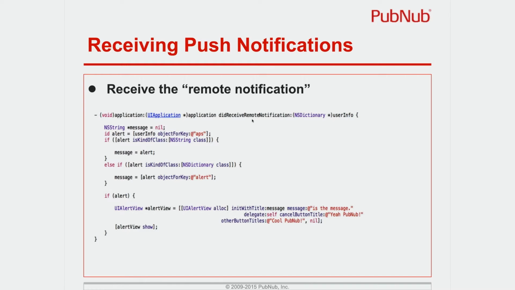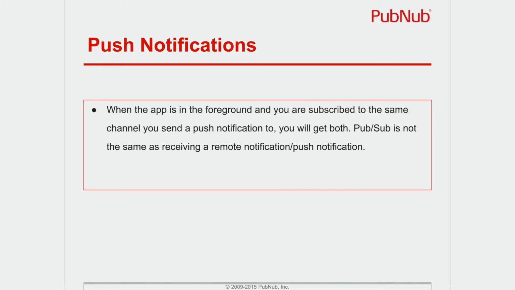If this were a production style app, you would probably receive this remote notification. It would probably contain either a time token or enough information for you to go back in the history or open a particular room and grab the messages that you need to show to the user, and then life can continue on. All right.